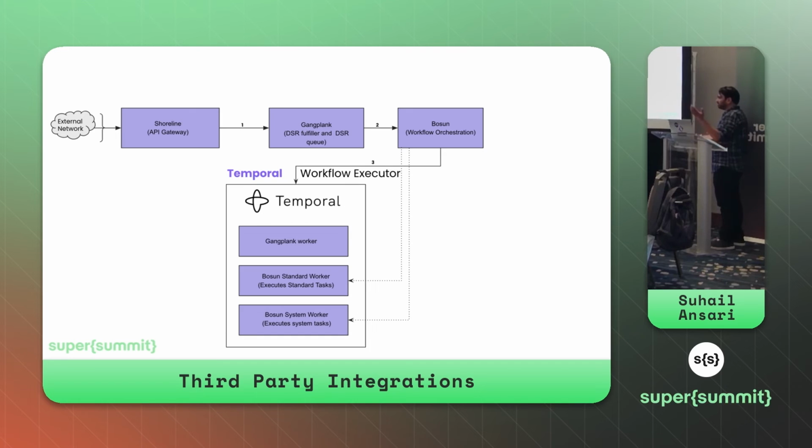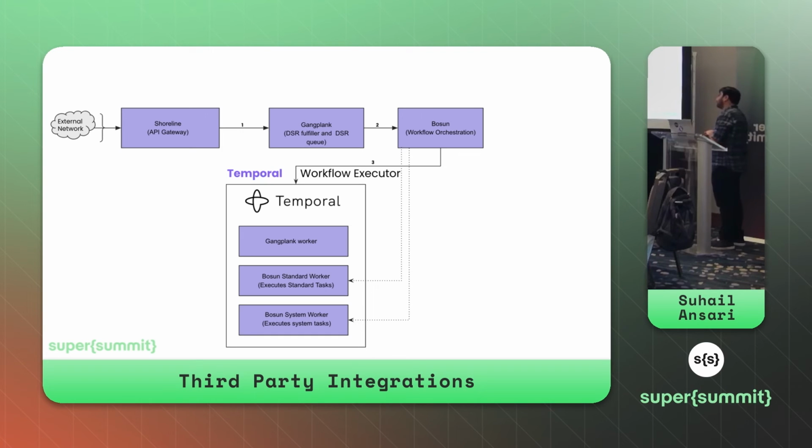We have different kinds of workers sitting there, depending on how the customer has configured the workflow. It can be third-party apps that they have configured, or it could be just sending out an email. So we have different workers for that.